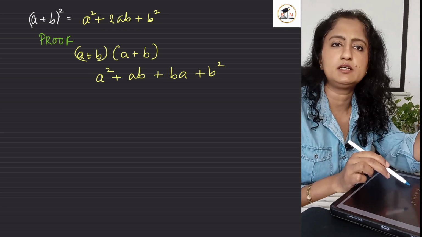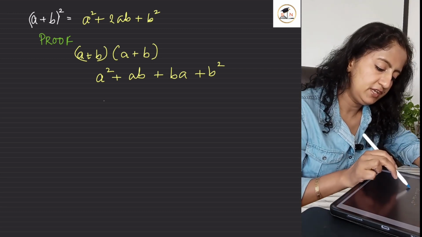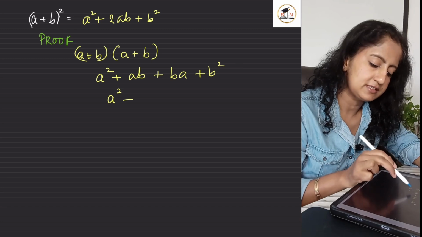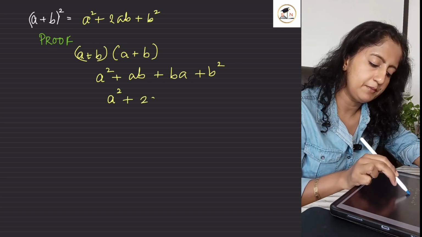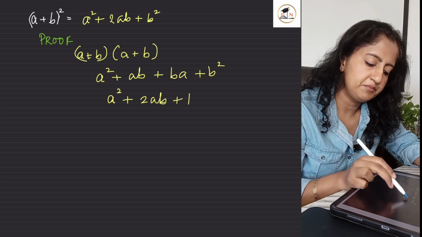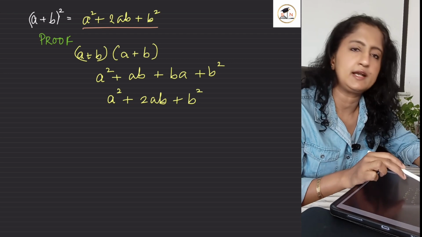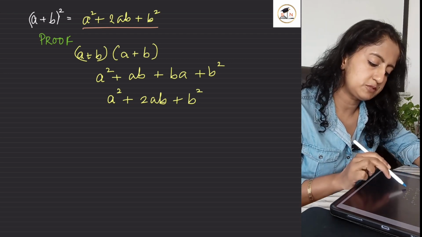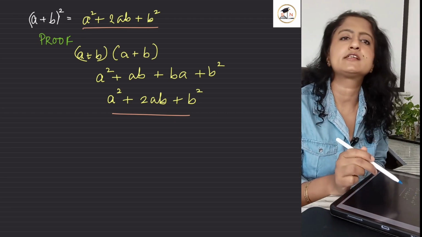So when we have like terms, we can simply add them up. We get a square plus ab plus ba, which gives 2ab, and lastly b square. We have got the same expression that I wrote on top.